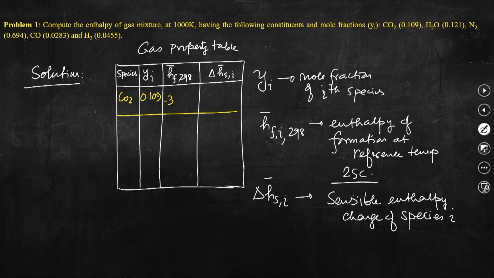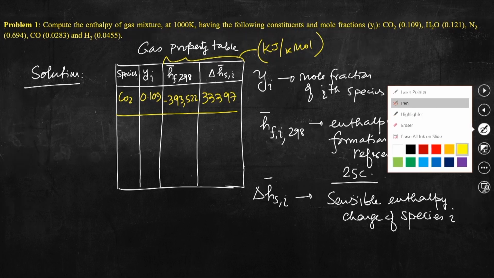This is minus 393,522. The unit of these two quantities, the enthalpy of formation at reference state of species I and the sensible enthalpy change of species I, is kilojoule per kilomole. The sensible enthalpy change is 33397. All these are given in the table itself.